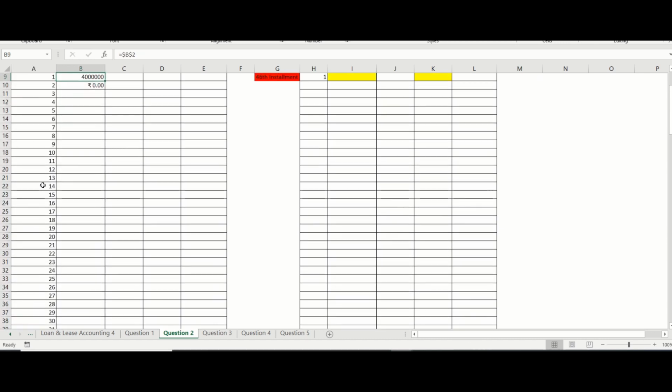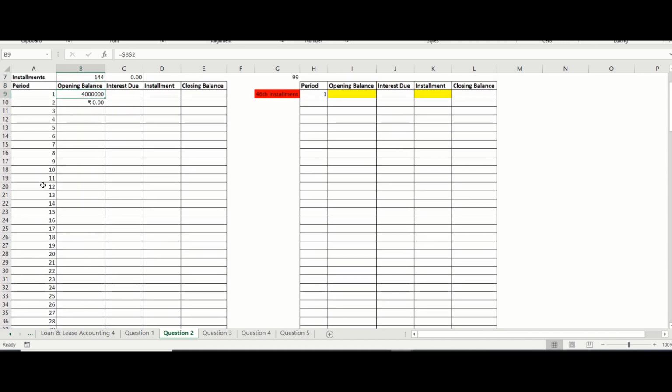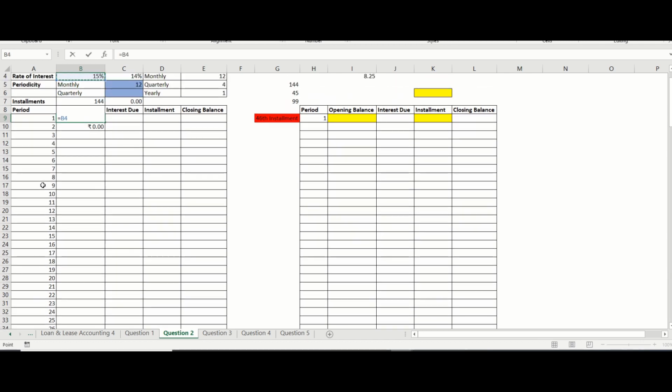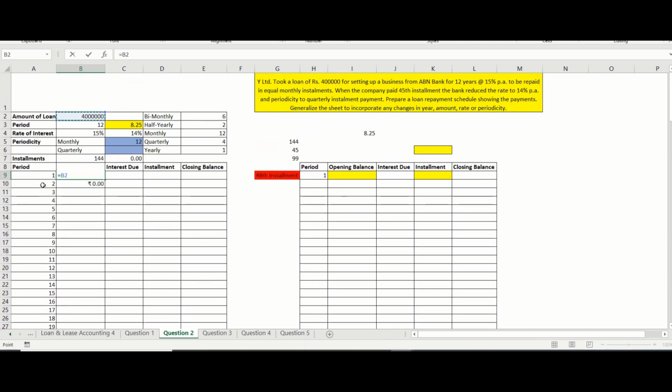Yes, my opening balance is this amount of loan, 40 lakhs, right? What is my interest? My opening balance multiplied by the rate, which is 15%, I fix it, divided by the periodicity, which is 12 because it is monthly. I drag this down till 45.